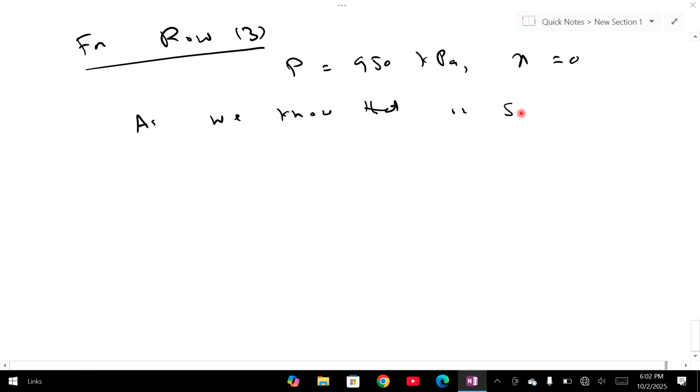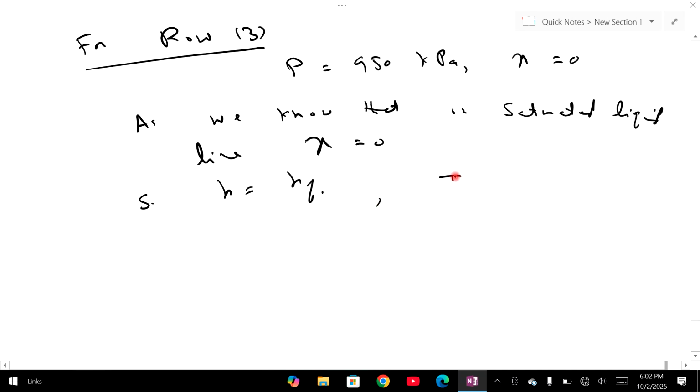So H is equal to Hf. We have to find Hf and temperature, and temperature is equal to saturation temperature.